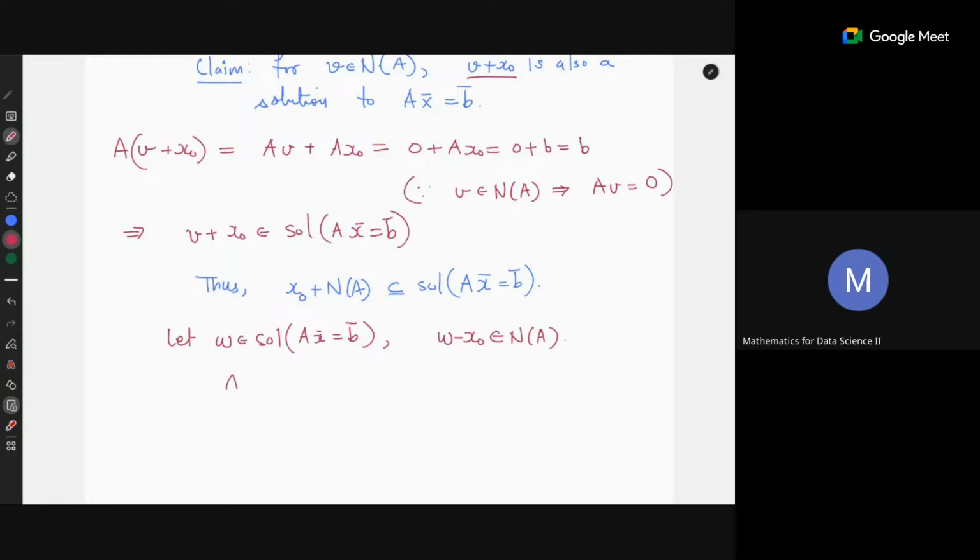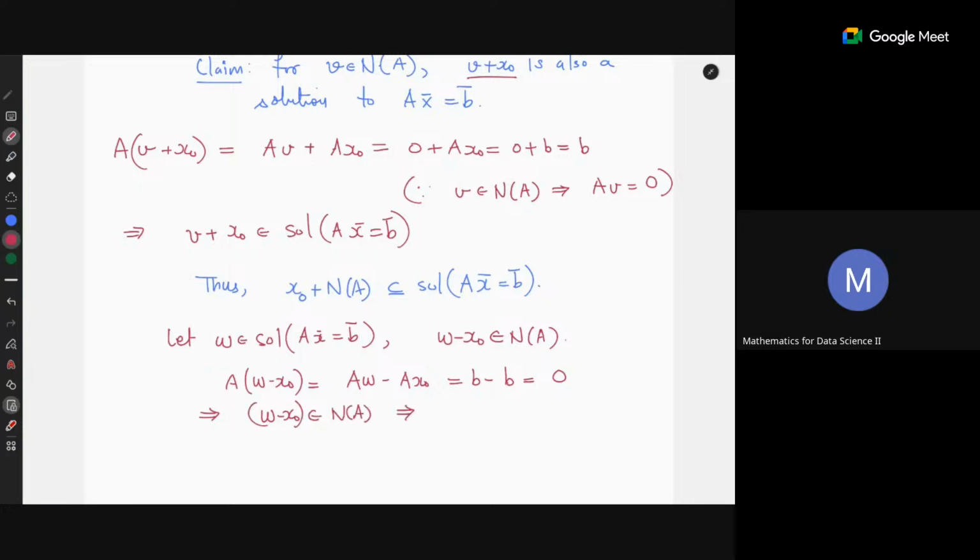How? Because if you apply A over w minus x naught, you get Aw minus Ax naught. Now, Aw is in the solution space, and x naught is the particular solution that I started with. So both are equal to b. So it is b minus b, which gives 0. So w minus x naught is in the null space of A.